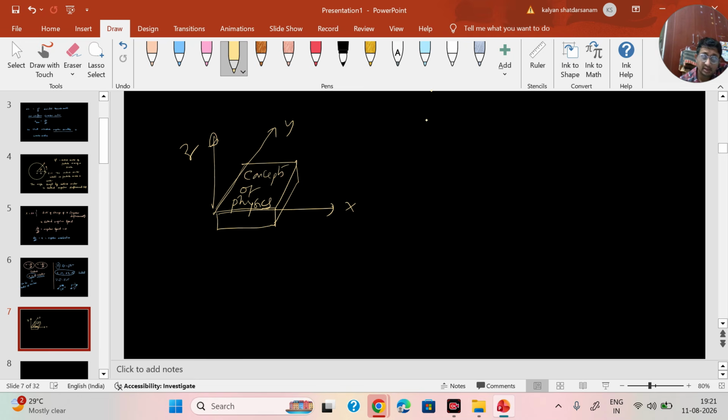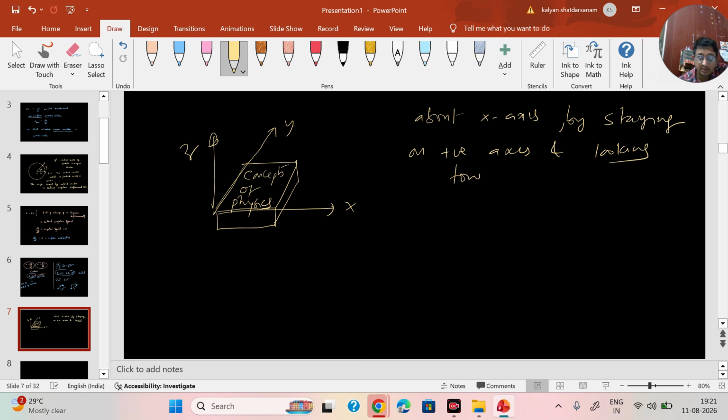Now, what I'll do, first I will rotate the book about the x-axis by staying on the positive x-axis and looking towards origin, counterclockwise by 90.